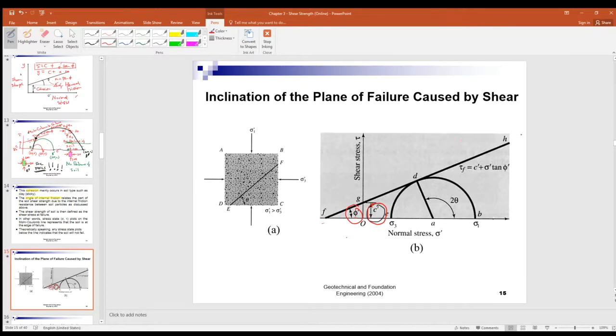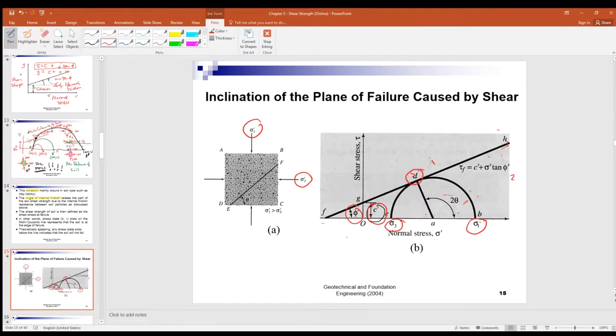Now, if there's a state of stress, sigma 1 and sigma 3, for that pair of stresses you draw a Mohr circle which is just touching at the point D. The point D here.